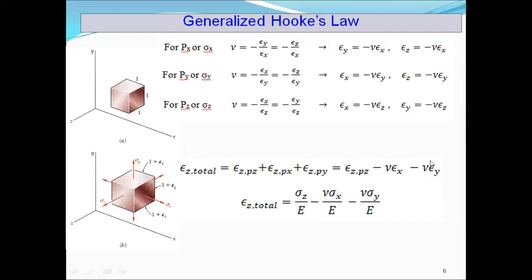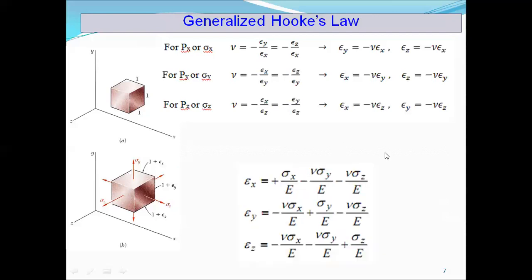Next, we have to write down these strains in terms of applied stresses. So epsilon z total is equal to sigma z by E minus mu sigma x by E minus mu sigma y by E. So we got our three equations for the strains: the total strain along x-axis, along y-axis, and along z-axis.